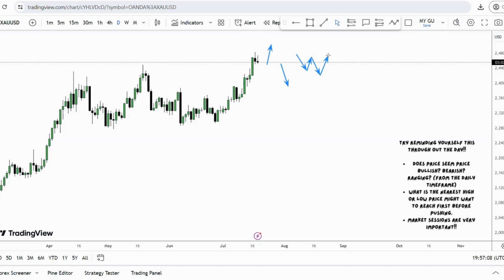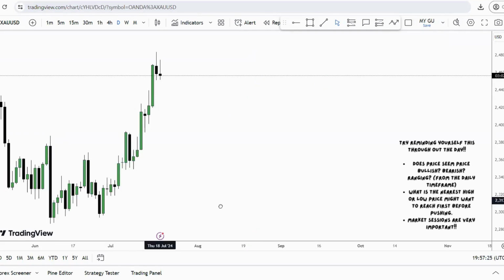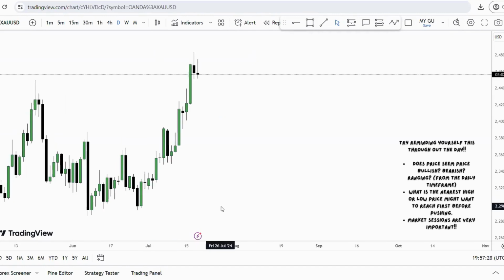So if we look at our previous daily time frame on our chart for yesterday, our candlestick closed bearish. Since our candlestick closed bearish, this tells us that price has a higher chance of pushing lower compared to pushing higher.